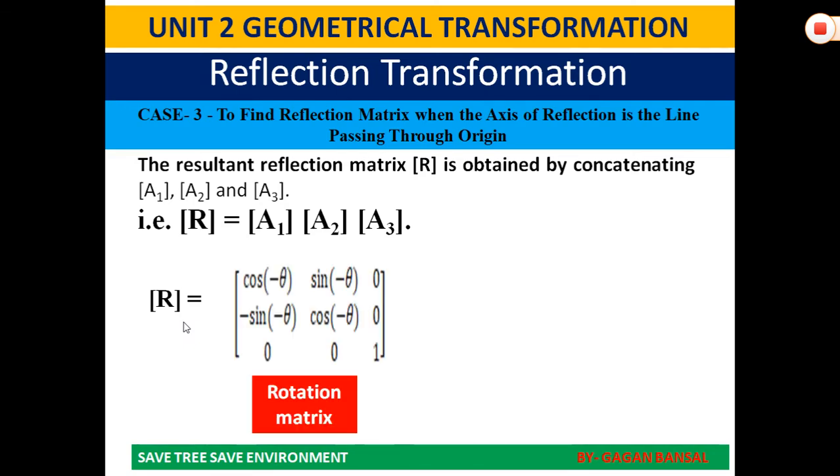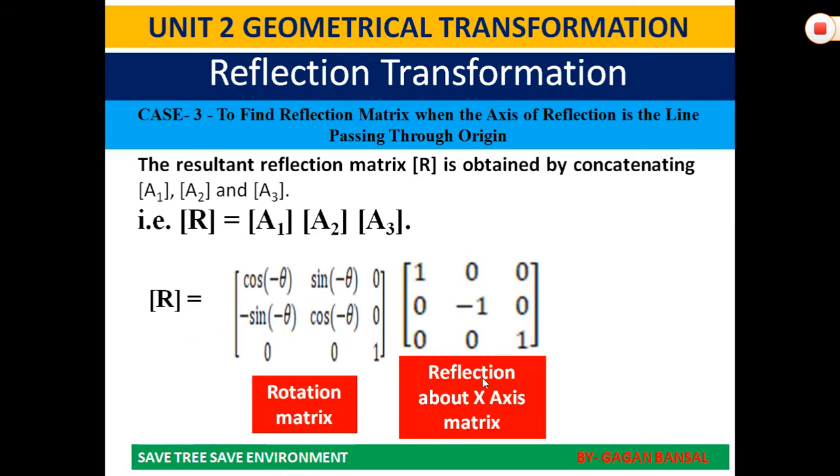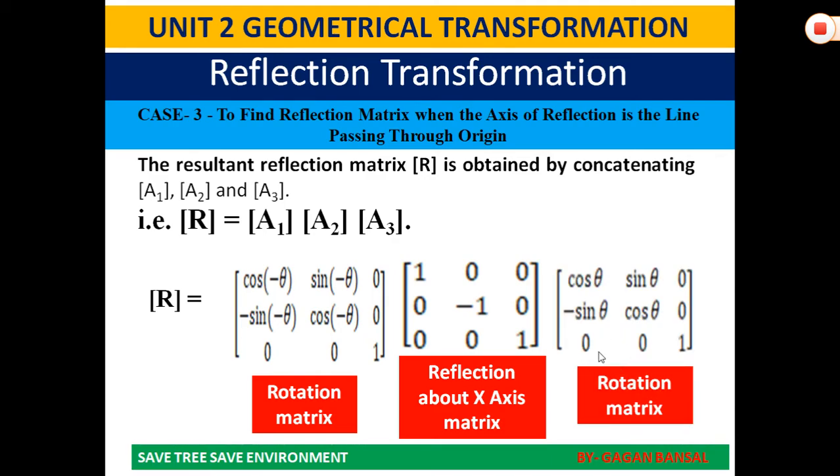That is a rotation matrix having a clockwise rotation, then the reflection matrix, that is reflection about the x-axis, then a rotation matrix in anti-clockwise direction. Multiplying all these 3 will finally give you the resultant reflection matrix when the axis of reflection is a line passing through the origin.